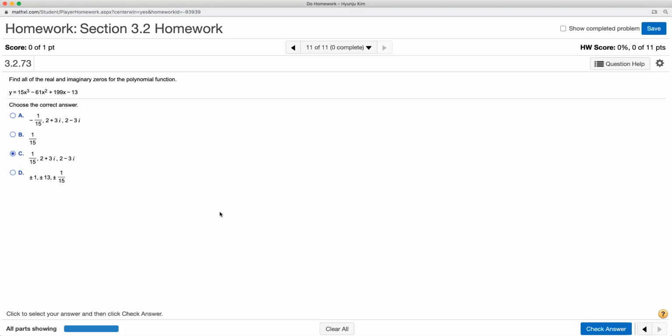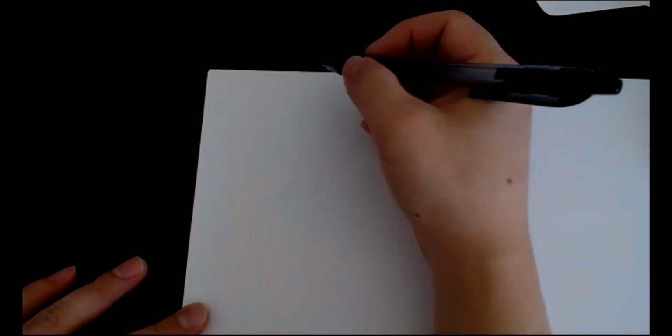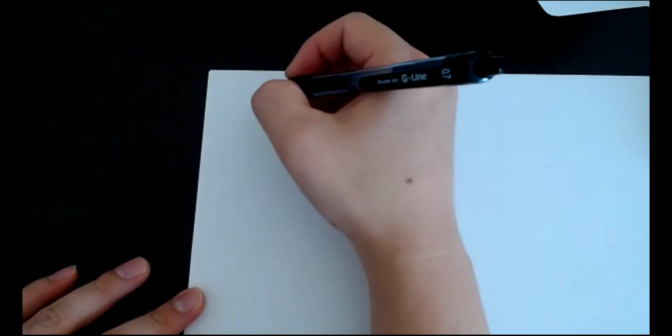Now how can you figure that out? We need to find the possible zeros. Give me a second. Okay, so let me copy the problem.